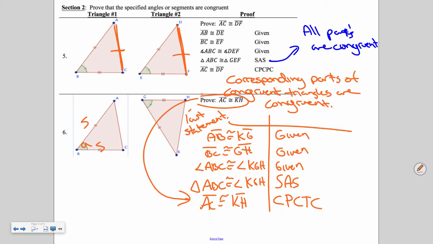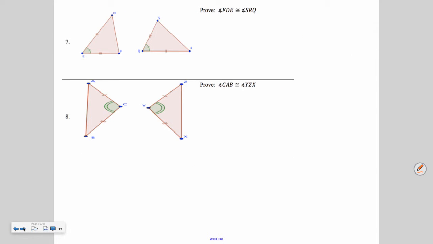Now, how would that look in a paragraph proof? Now let's prove angle FDE is congruent to angle SRQ. So we start off with what is given.